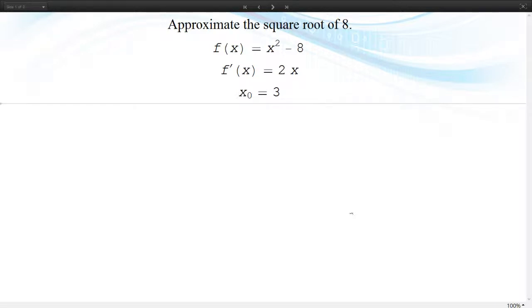And then we're going to remember our formula, which is x sub n plus 1 is equal to x sub n minus f of x sub n divided by f prime of x sub n.